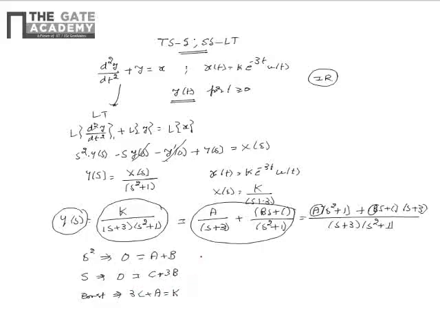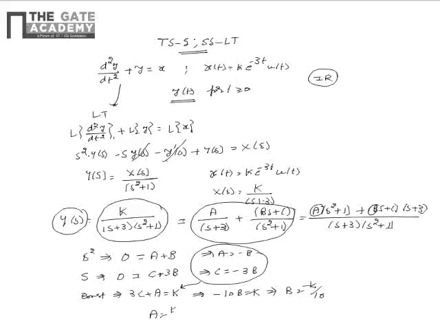So based on this data, we see that a is equal to minus b, and we also see that c is equal to minus 3b. So upon substituting these two in 3c plus a is equal to k, we see that the equation can further be simplified as minus 10b is equal to k. So that implies b is equal to minus k divided by 10.